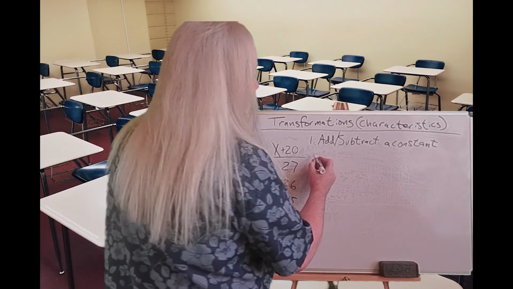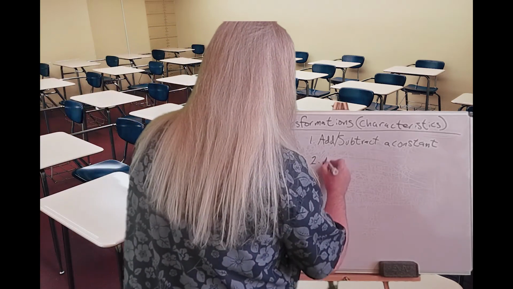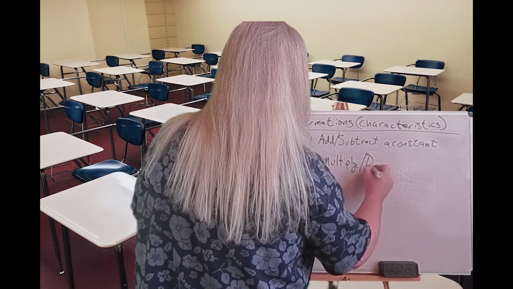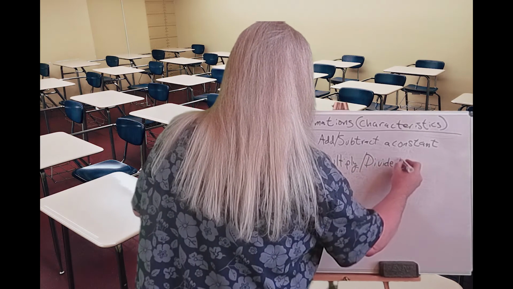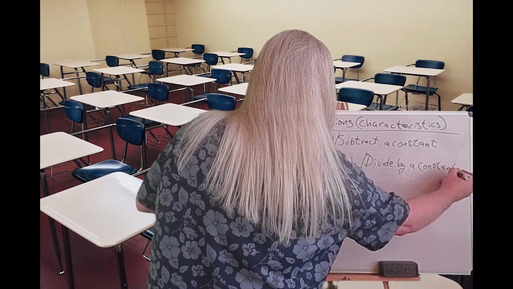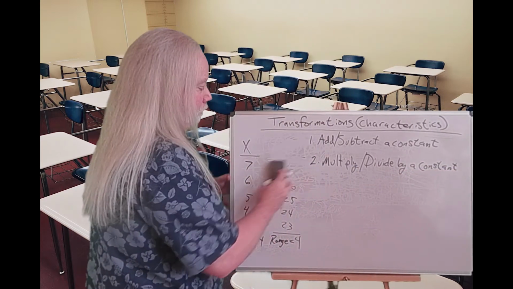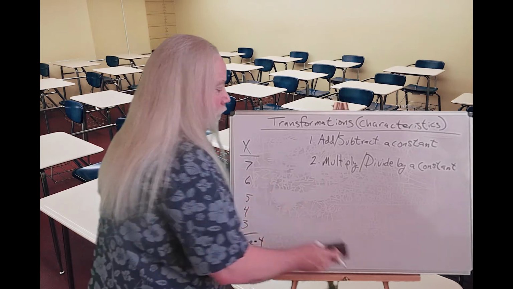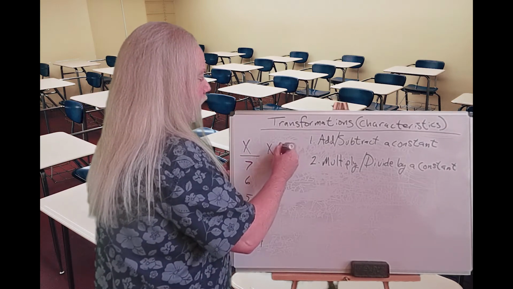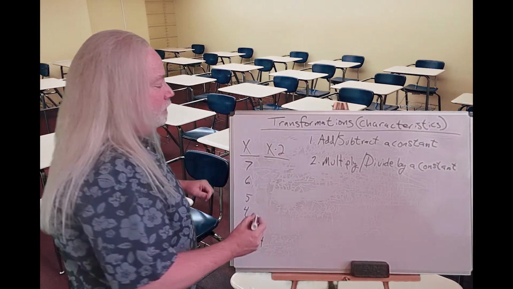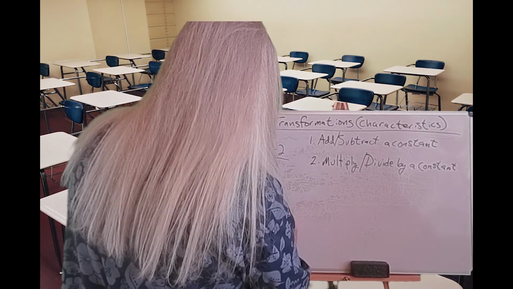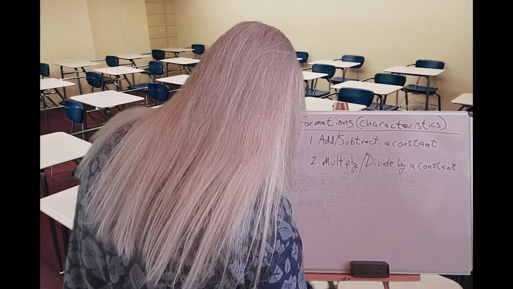Now, what about the other side of this? What if we multiply or divide? Well, let's go ahead and just multiply everything by 2. Keep the math part simple. So doubling 7 to 14, 6 becomes 12, 5 becomes 10, 4 becomes 8, 3 becomes 6.